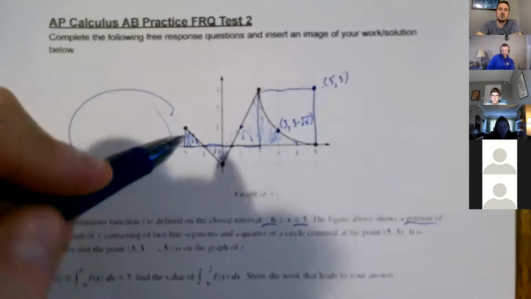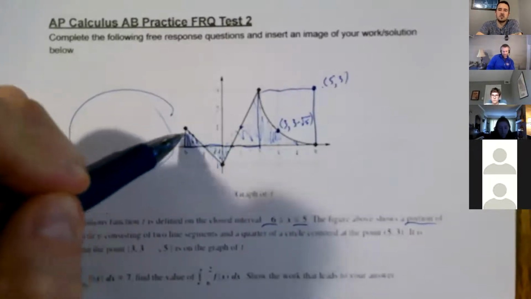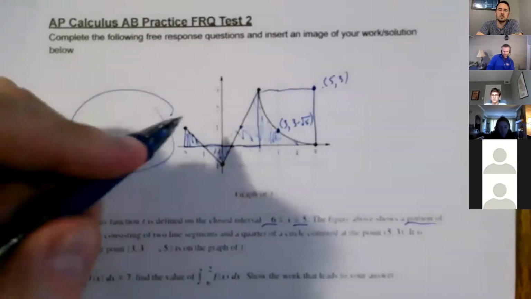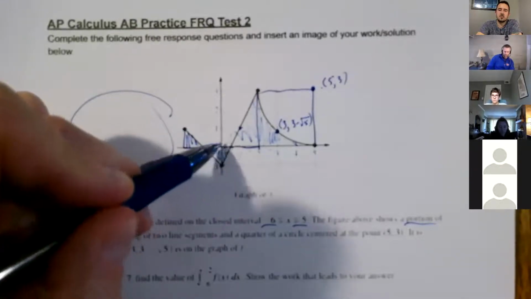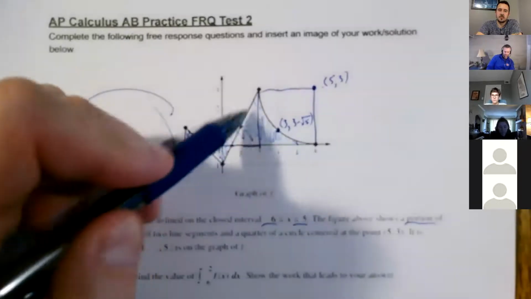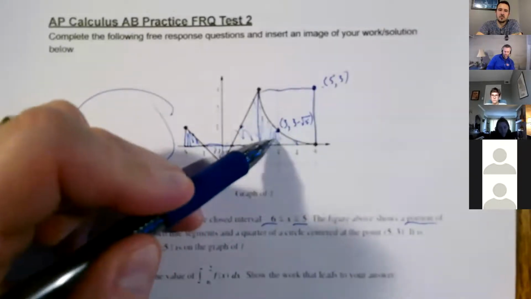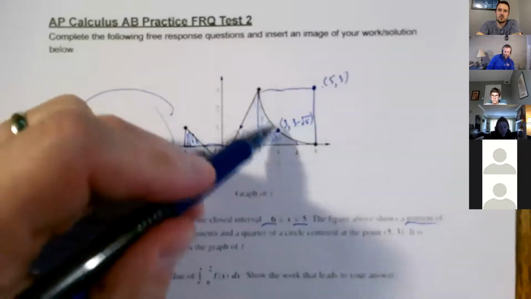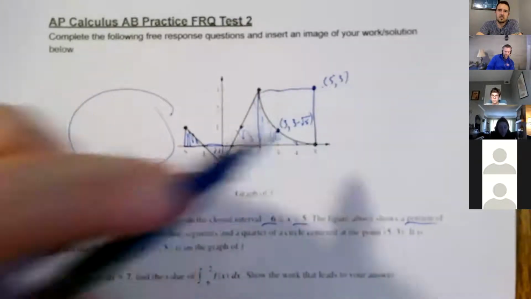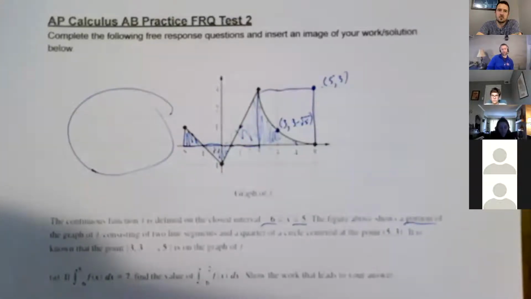And the answer is yes. If this area represents how much G has increased, this area represents how much G has decreased, then this area represents how much G has increased again. Certainly, it increased a little, decreased a little, and then it increased a whole lot. So certainly, the maximum is going to occur at 5.